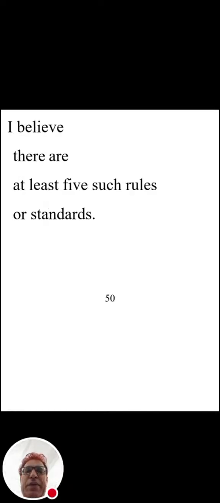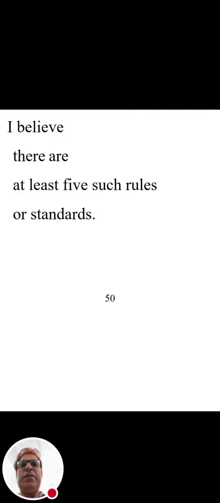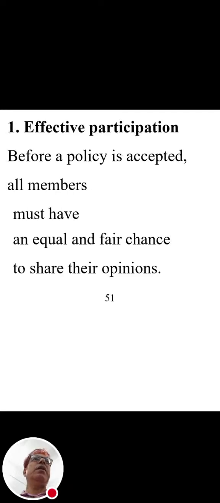I believe there are at least 5 such rules or standards. Robert Dahl says, I believe that there are at least 5 such rules or 5 such standards which suit democracy. What are those criteria or those standards? Number 1, effective participation.